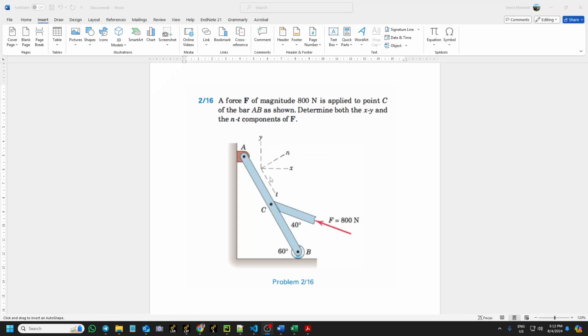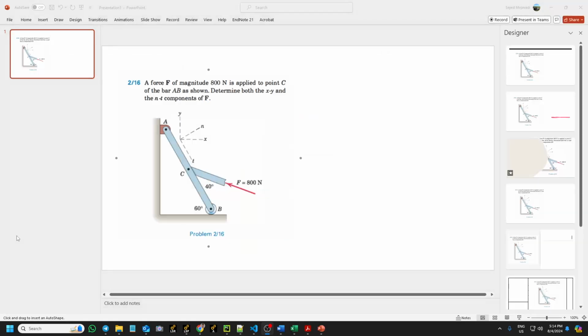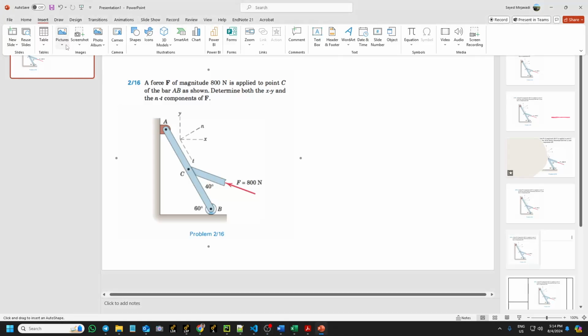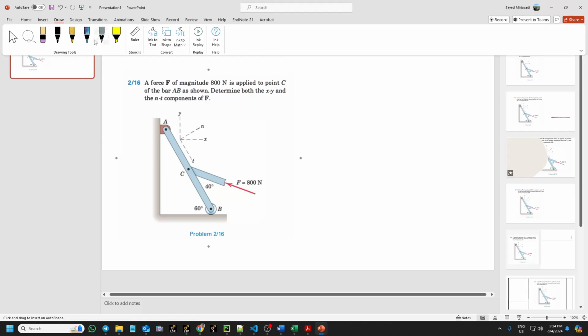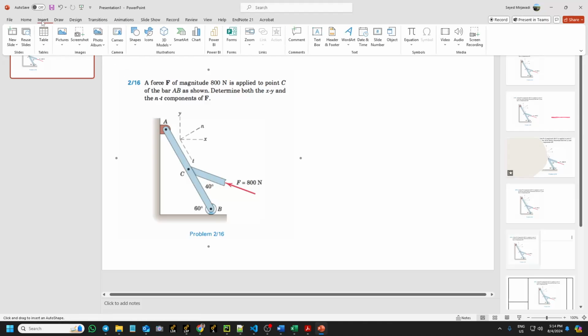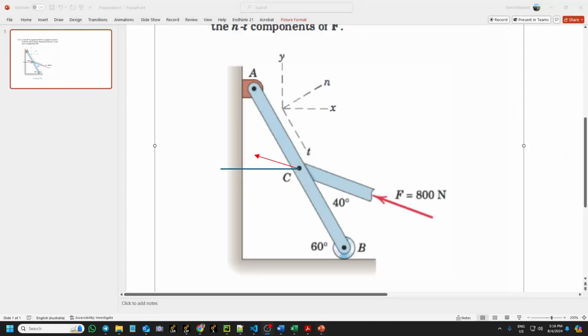First things first, you will have to do a little geometry here. If you are lazy like me, you can just transfer the force to the point C. This angle is 40 degrees because this angle is 40 degrees.